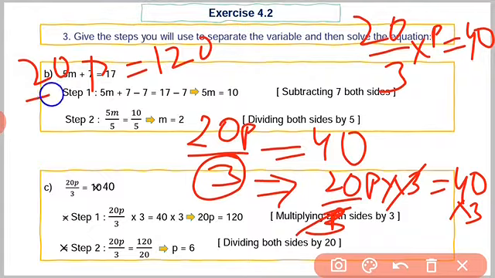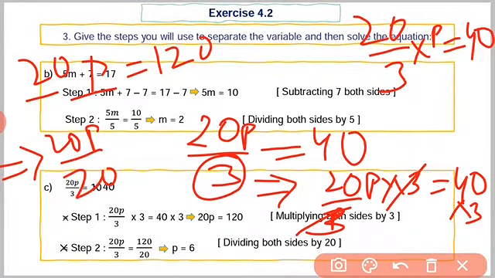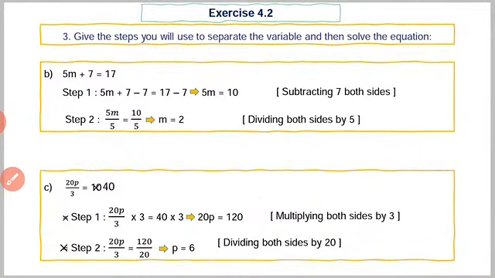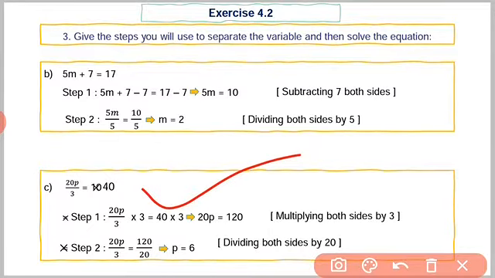Now there is 20 with p in the multiplication, so we will divide both sides by 20. So what will be the answer? p is equal to 6. So p is equal to 6 is the solution to the equation.